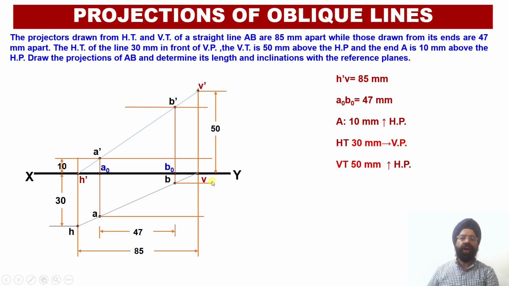The reason is because I have to use the method of rotation of the line. In order to carry out these rotations, the horizontal locus lines will be required. Now, A dash and B dash points have been located. A and B points have been located. Now, I am going to join the plan projection line points A, B over here.